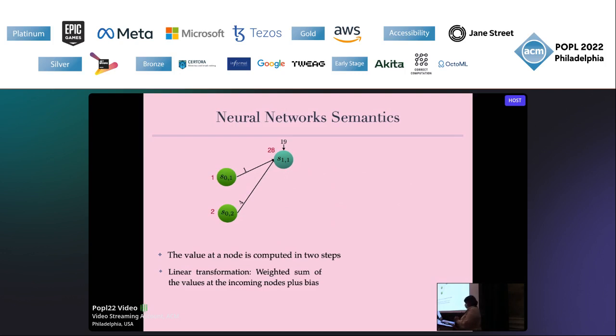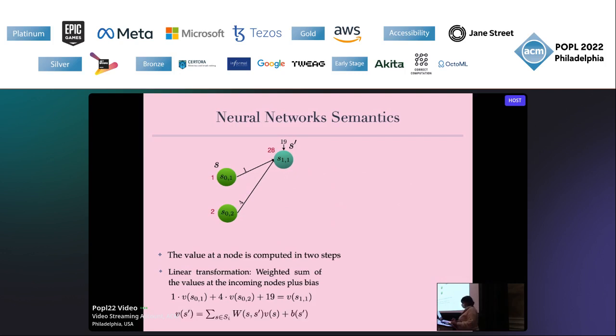For instance, here, the value at the node S11 is going to be the weight on the two incoming edges, which are multiplied by the values of the corresponding source nodes. That is 1 times 1 plus 4 times 2, and then adding the bias to those products.